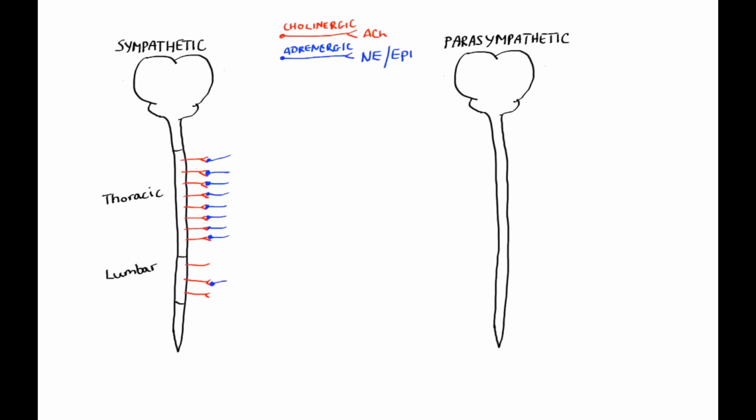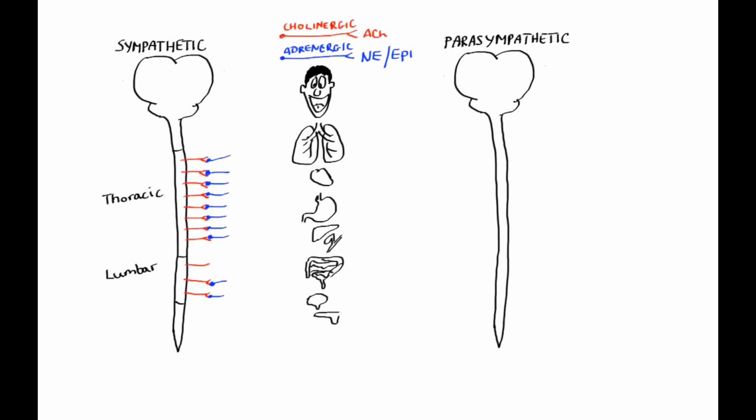First, we have cholinergic neurons, which use the neurotransmitter acetylcholine to send messages, and I'm going to use the red color to draw them. And second, we have adrenergic neurons, which use the neurotransmitters norepinephrine and epinephrine to send messages. And I'm going to use the color blue to draw them.